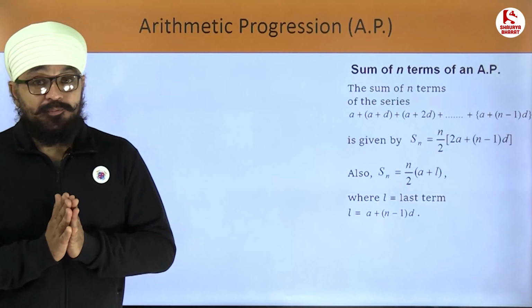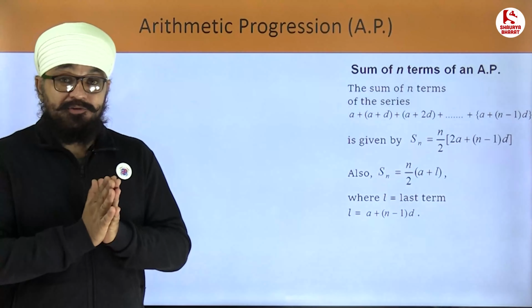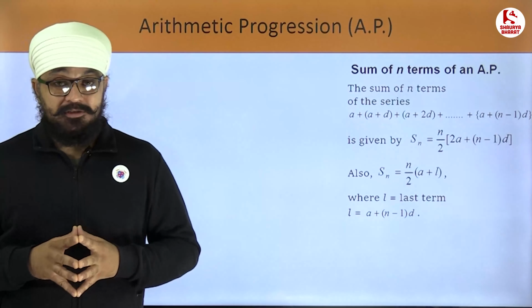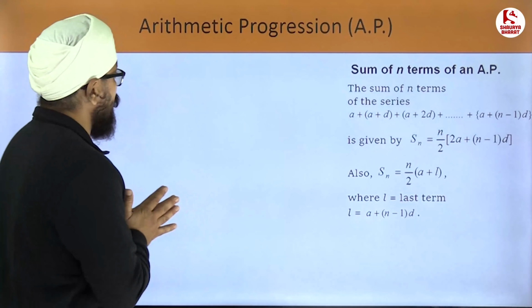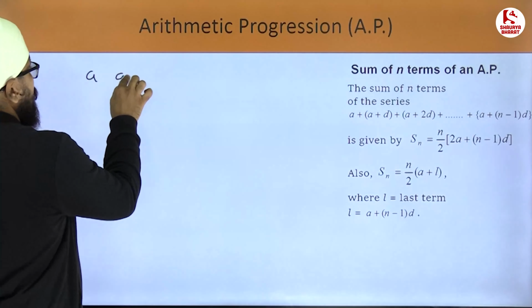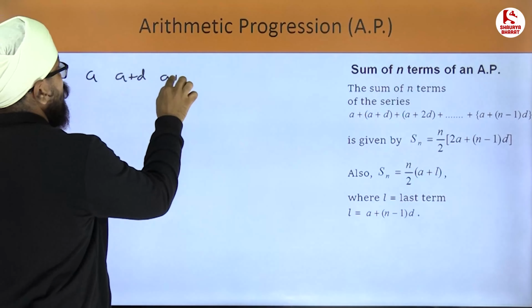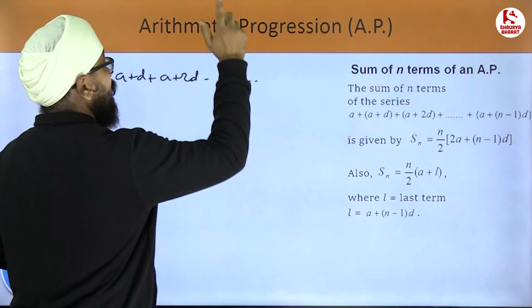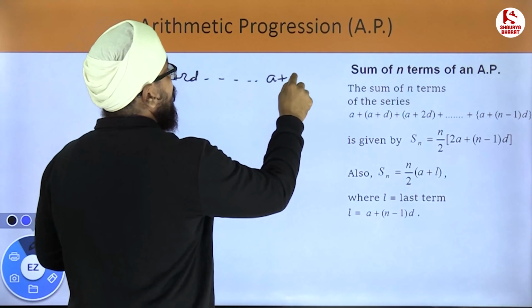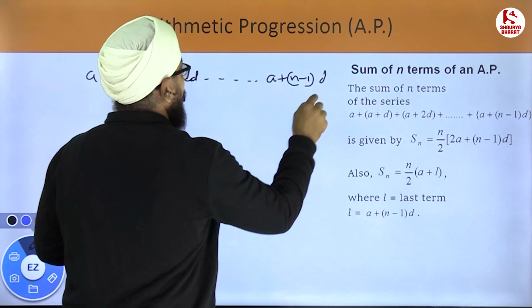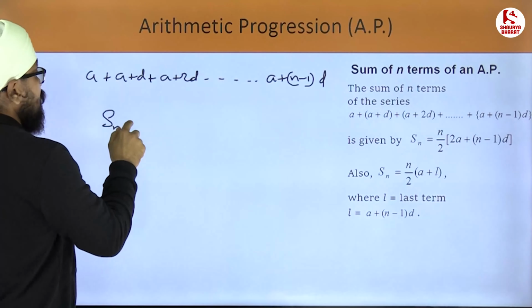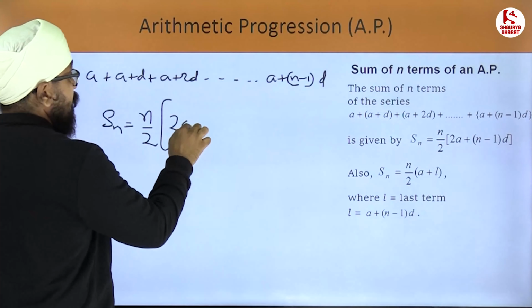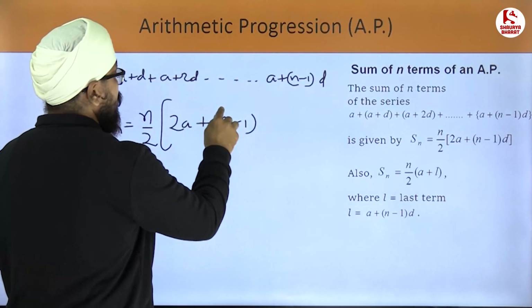Now, what we have to do? Now I will take care of finding the sum of these arithmetic progressions. Suppose we have an arithmetic progression like a, a plus d, a plus 2d, like that. If an arithmetic progression is given to you, up to the nth term, that is a plus (n minus 1)d, then the sum of the n terms will be given by the formula n upon 2 times (2a plus (n minus 1)d).